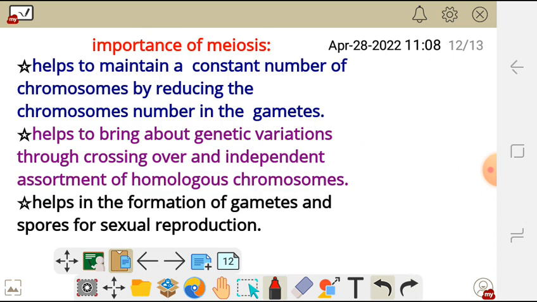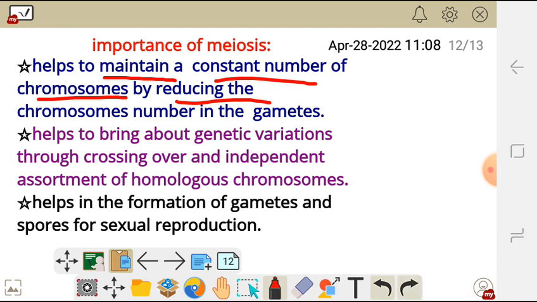Let's also look at the importance of meiosis. Having known all the stages of meiosis 1 and meiosis 2, what is the importance of meiosis? Meiosis helps to maintain a constant number of chromosomes by reducing the chromosome number in the gametes.